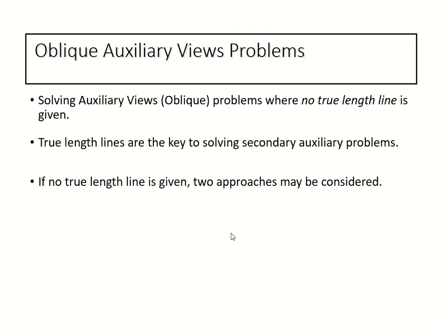Now we're gonna get into the first approach. If you have a true line, then we use the true line to go to the secondary auxiliary view, and we go with the middle view, and then we use the primary and the secondary views to get to the true size and shape of the last view.